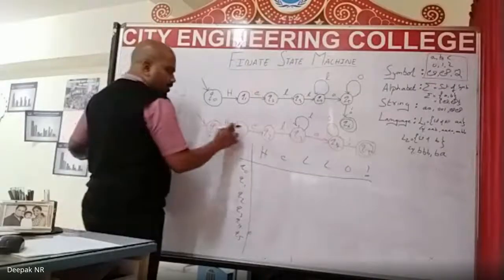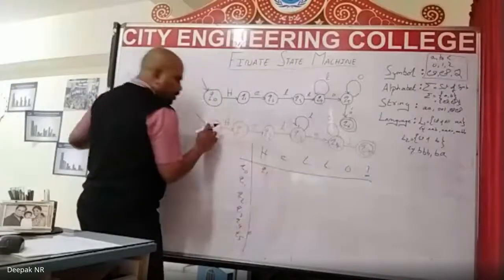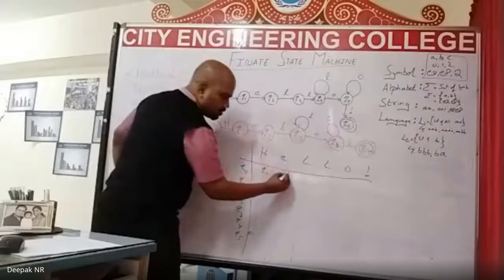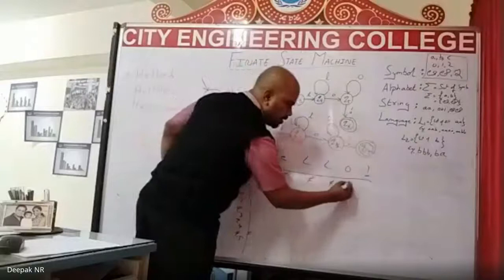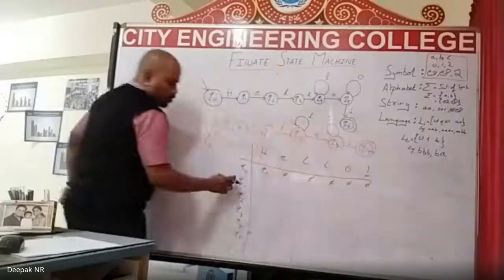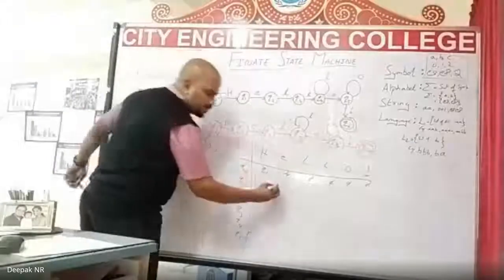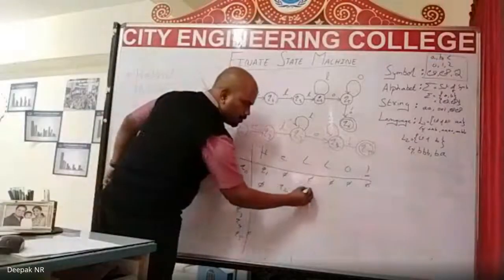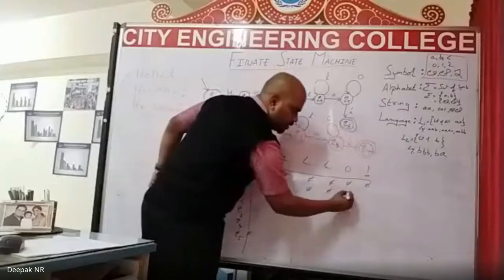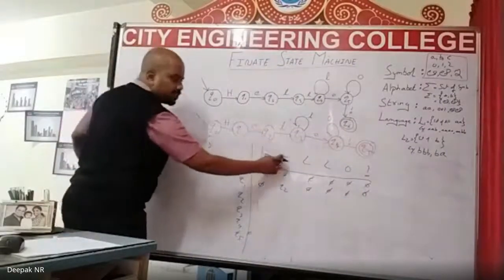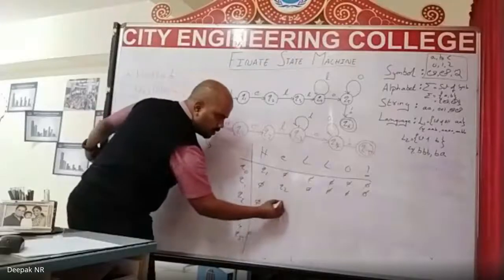Okay, Q0 on H is Q1, Q0 on E, L, O is null, null, null, null, null, and null. Q1 on H is null, and on E this is Q2, null, null, null, and null. Okay, Q2 on H, E is null, null.